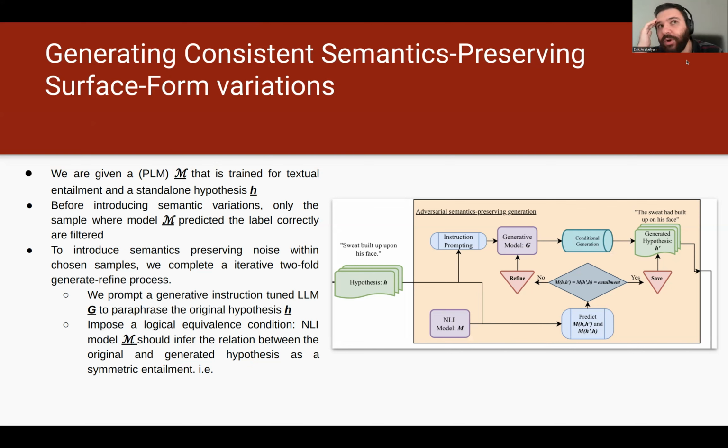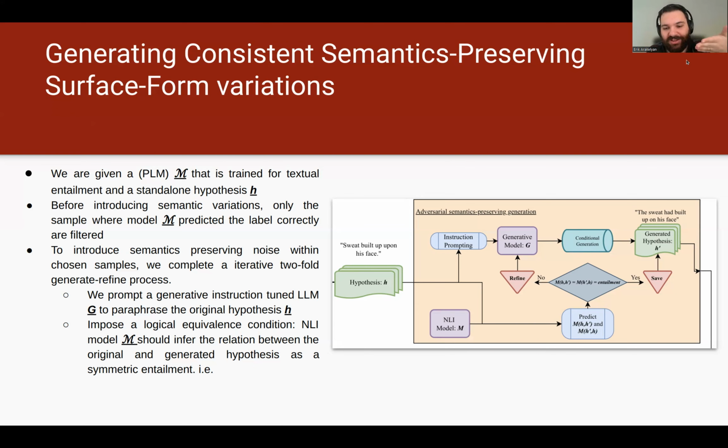So that is why we impose a condition. Because NLIs take a pairwise input of two sentences and determine if they entail each other, are contradictory to each other, or neutral to each other, the assumption is that at least in the eyes of the NLI model we're testing, the original hypothesis and the generated hypothesis should have bidirectional entailment.